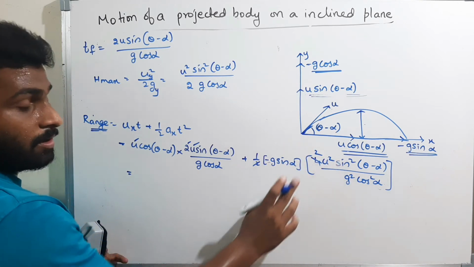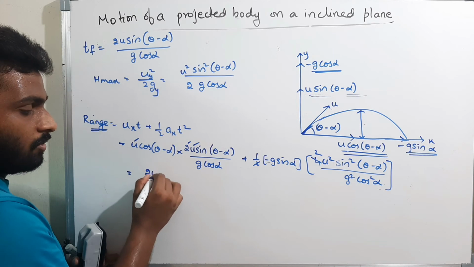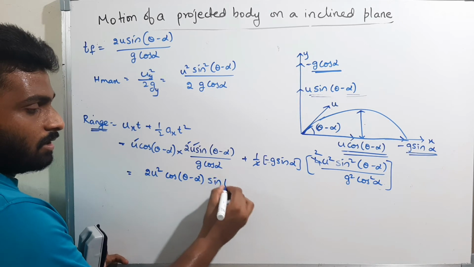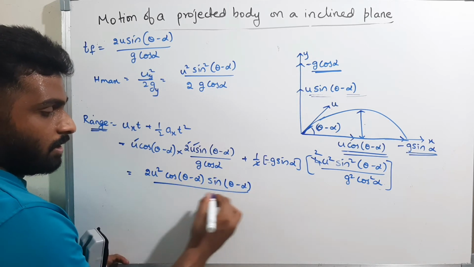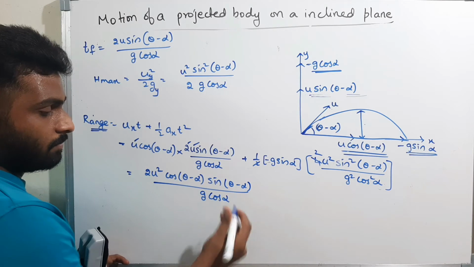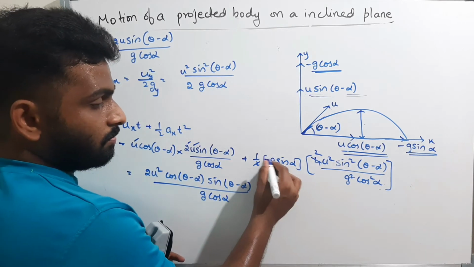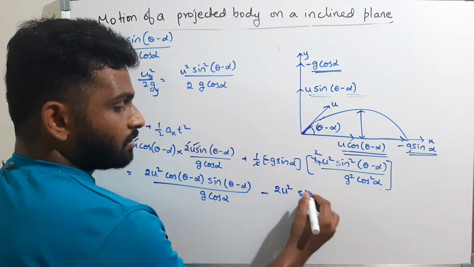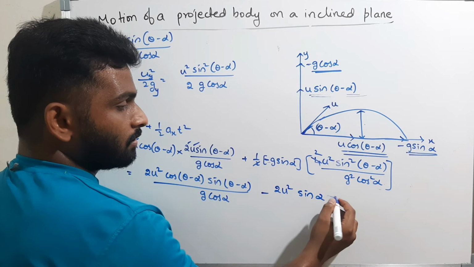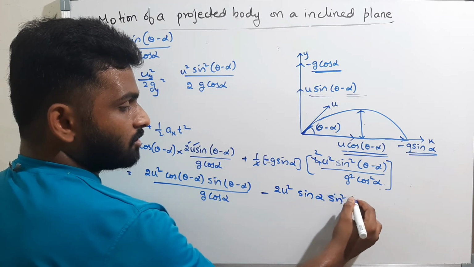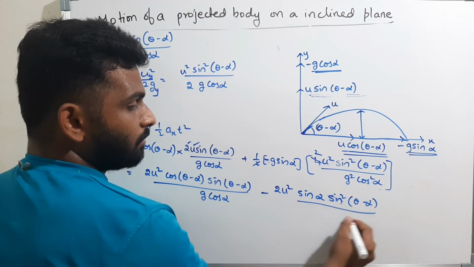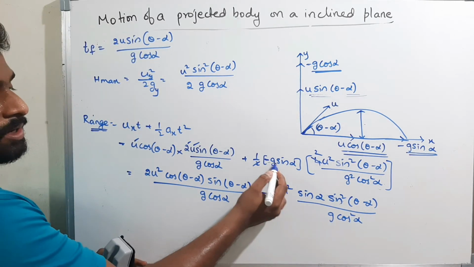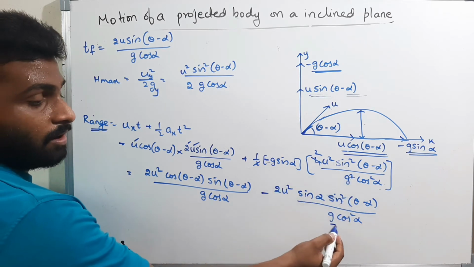What remains is 2u square cos(theta minus alpha) sin(theta minus alpha) by g cos alpha, minus 2u square sin alpha sin square(theta minus alpha) by g cos square alpha. Here g and here g square will be cancelled off, and the final denominator will be g.